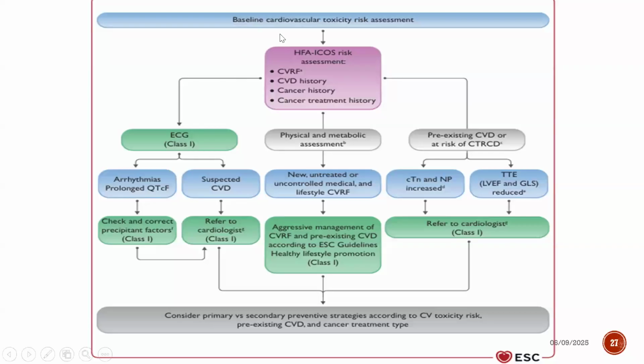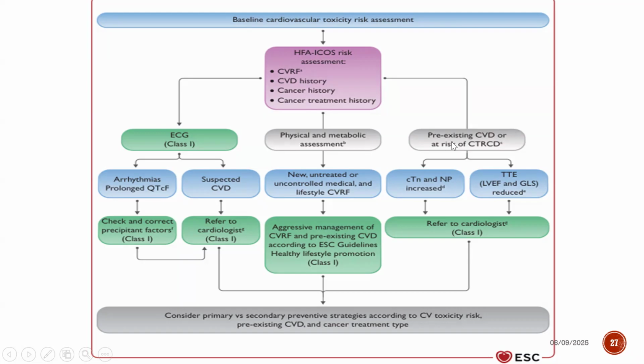So as part of the baseline cardiovascular risk assessments, we have to look at, again, the cardiovascular risk factors, cardiovascular disease history, cancer history, cancer treatment history. And then doing an ECG at baseline as a class 1 indication. You also have to focus on physical and metabolic assessments to help determine the patient's level of risk.